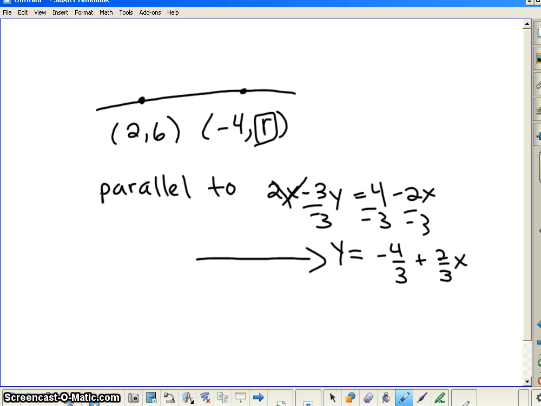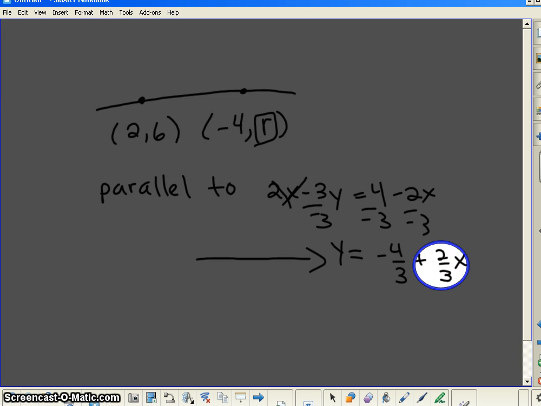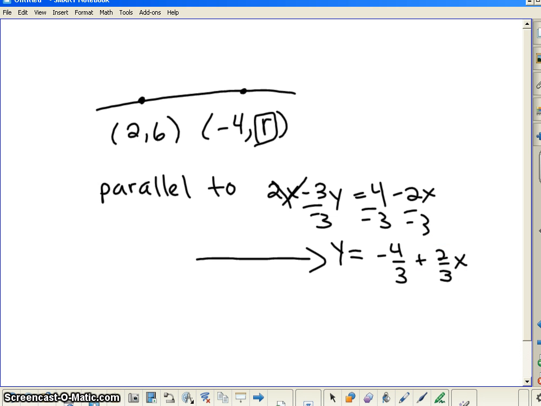How do you know 2 lines are parallel? Same slope, exactly. That's what I'm looking for. So what's the slope here? 2/3. So if it's parallel, this other line needs a slope of 2/3. They need to be exactly the same so that they never cross.